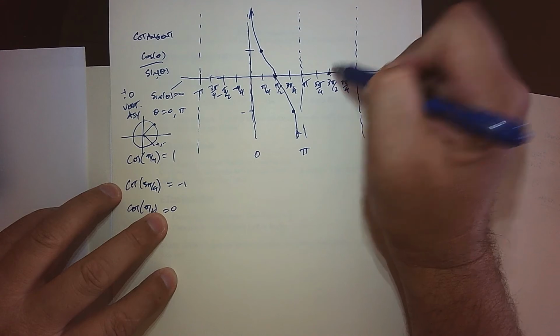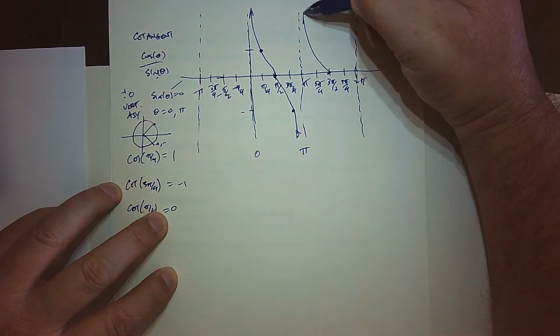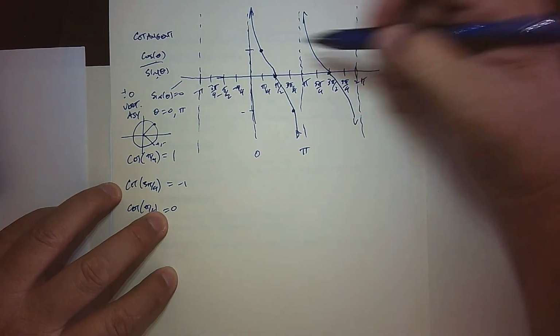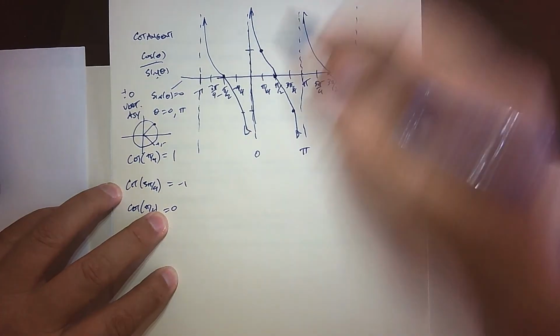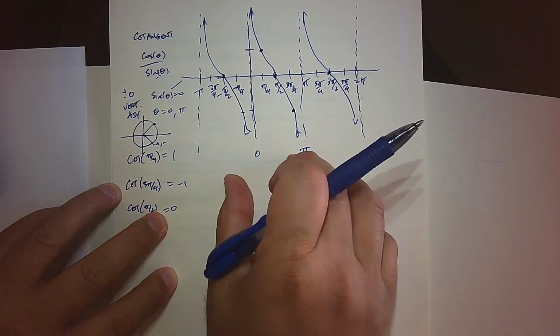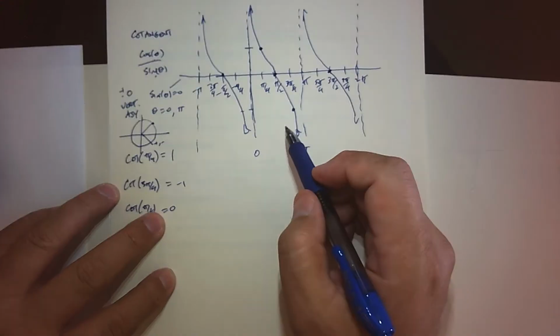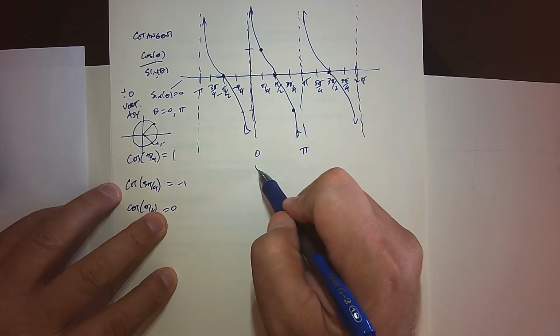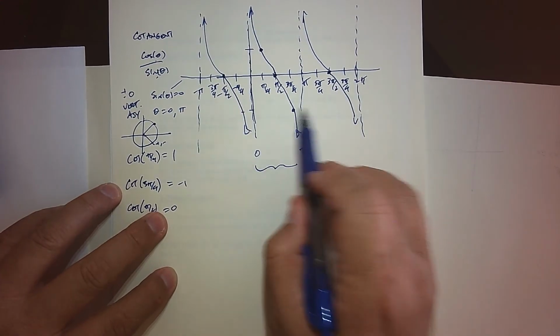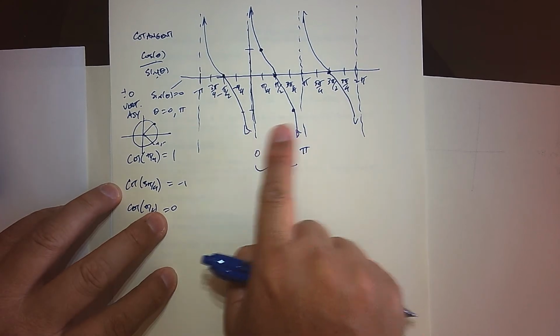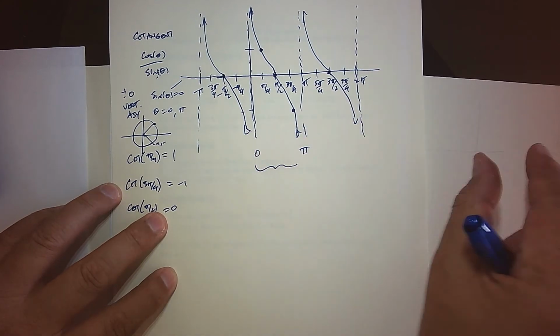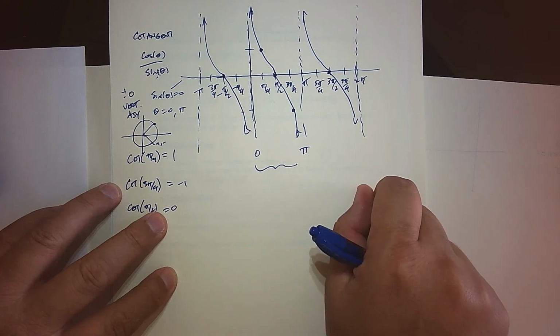And what's going to happen because of the coterminality is this is just going to continue to repeat itself forever and ever and ever. So it'll be the same action pretty much over those whole things. So there's basically your graph, and how about we just focus on that. Between 0 and pi, that is your basic cotangent shape that's just going to keep repeating every half rotation.